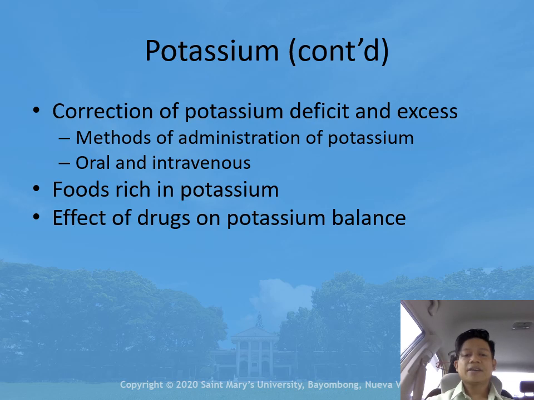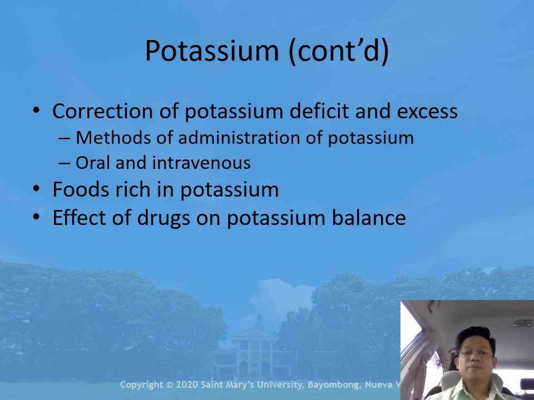If a client's serum potassium level is 5.4 milliequivalent per liter, an intervention that may correct this type of potassium imbalance is restriction of foods containing potassium. Mild hyperkalemia may be treated with dietary restriction of potassium-rich foods.